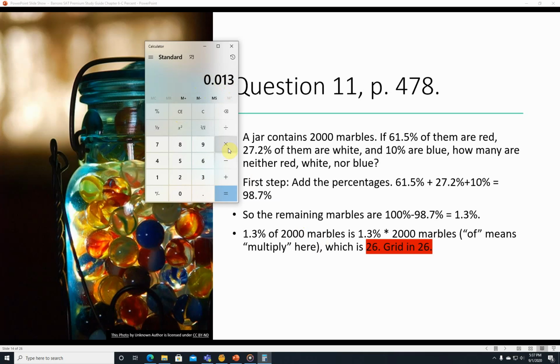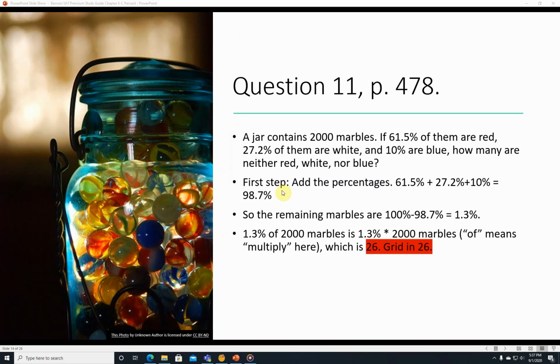So you just multiply it by 1,000, right? So that becomes 13 times 2, which is 26. All right, so you can do it with a calculator. You could easily do it by hand. It's not that hard either way.